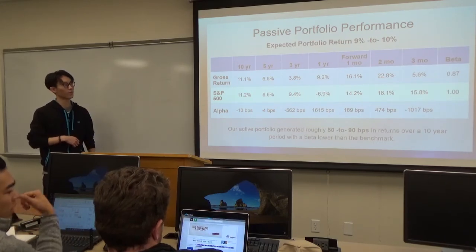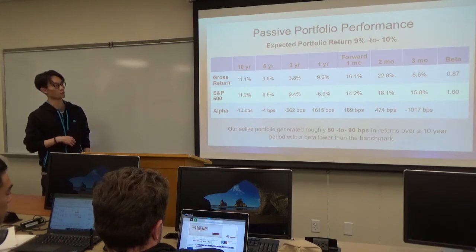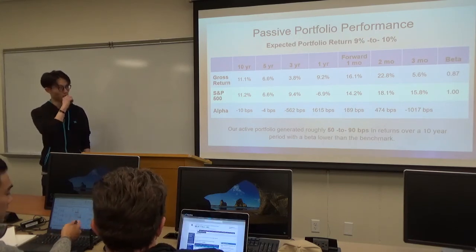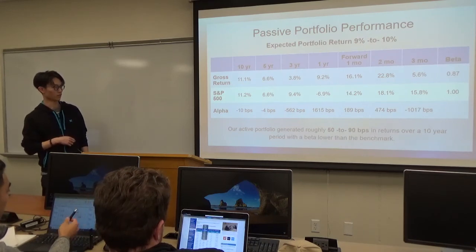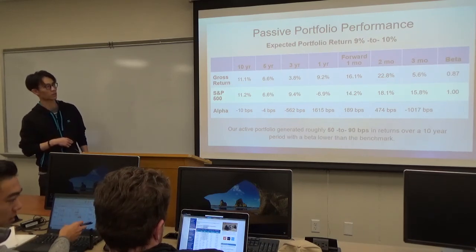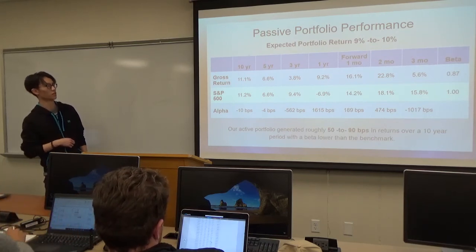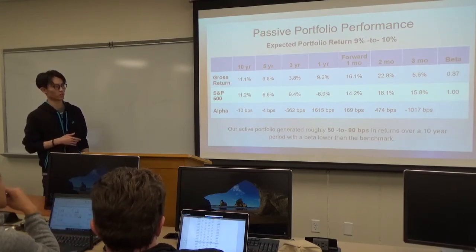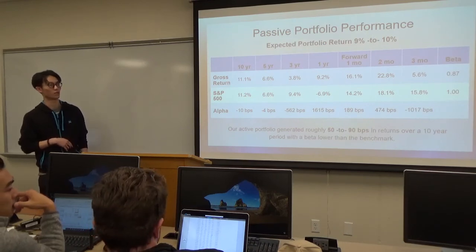So in our back test and front test, the highest alpha we got is the first year return, which is 16.15 beta points, and the lowest is the 3-month forward, which is quite off, which is negative 10.17 beta points.